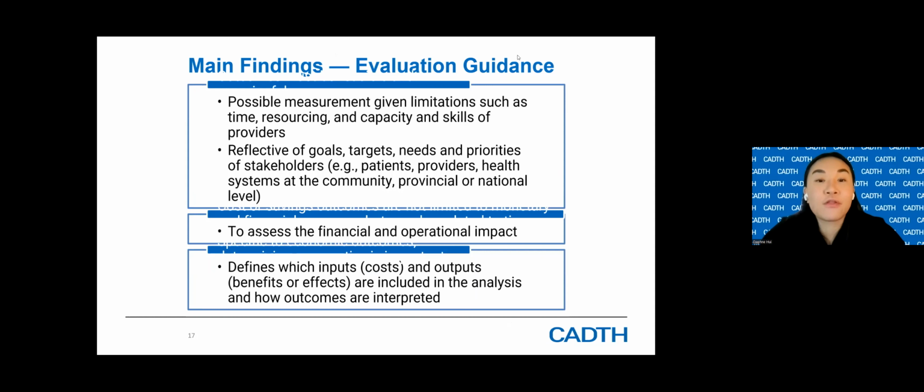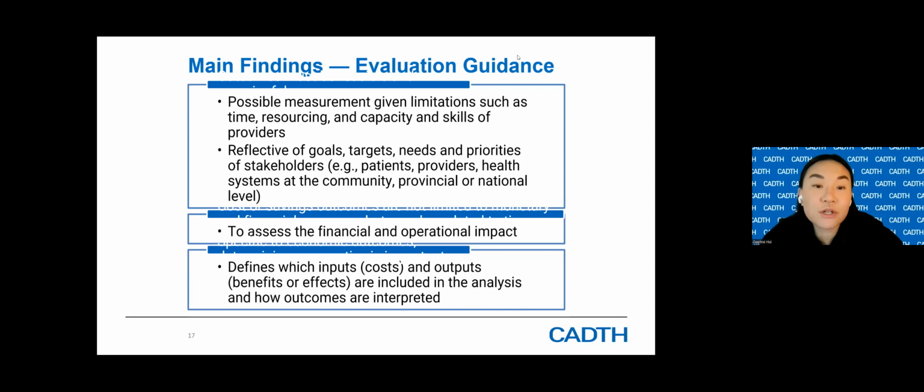So now I'll just highlight the themes or guidance that were touched upon by most or all of the guidance documents. So firstly, it was advised that outcomes should be feasible and meaningful. So in other words, the measurement must be possible given that limitations such as time, resourcing, and the capacity and skills of providers allows for this. And also the outcomes should be reflective of goals, targets, needs, and priorities of stakeholders, such as the patients, the healthcare providers, and healthcare systems at the community, provincial, or national level.